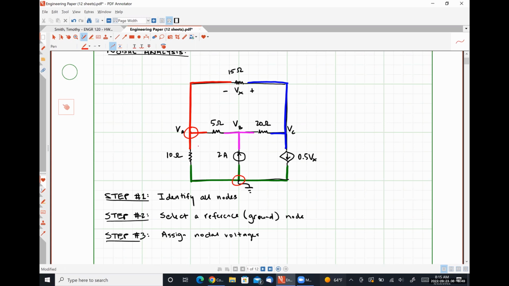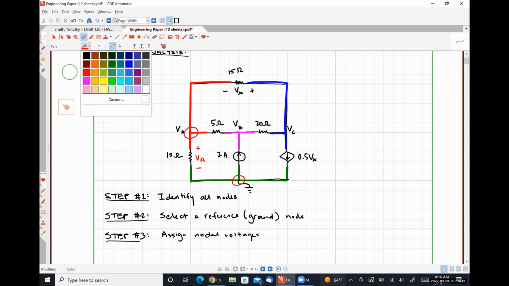So another way to express that would be the voltage drop across the 10 ohm resistor. Because the positive polarity terminal of the 10 ohm resistor is node A, and the negative polarity terminal of that voltage that I've drawn is associated with node D, or our reference node.